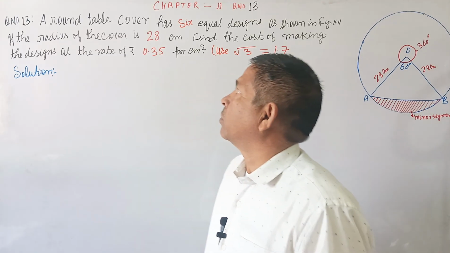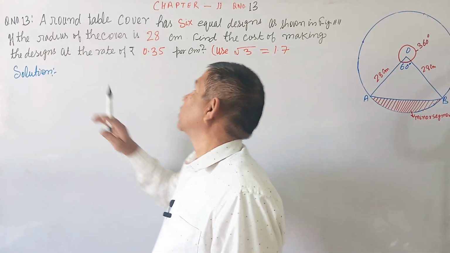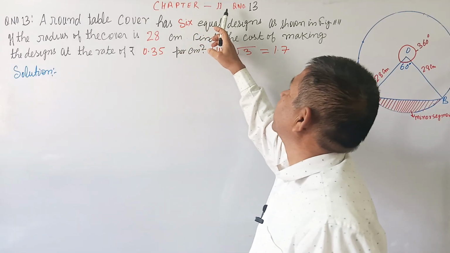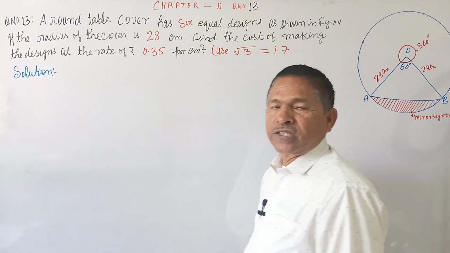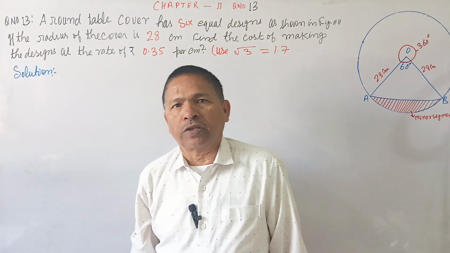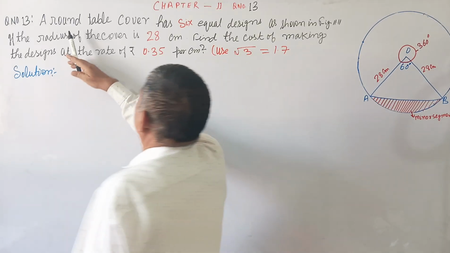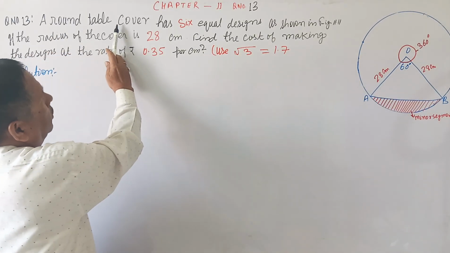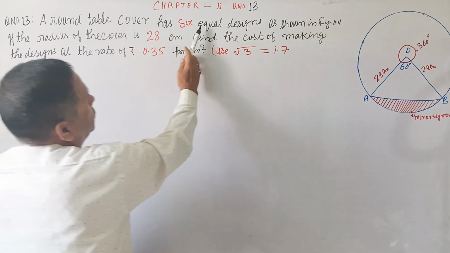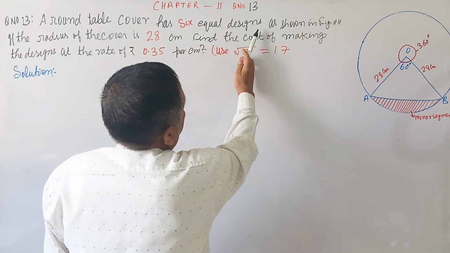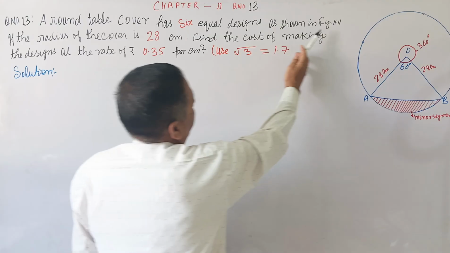Today I am going to solve question number 13, chapter 11 of NCERT book for class 10th. Now let us start. A round table cover has 6 equal designs as shown in figure.